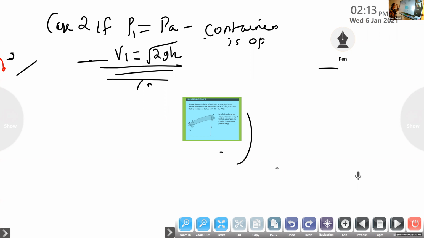Then you write the first equation: V1 is equal to square root of 2gh plus 2 into (P minus PA) by rho. Correct. And if P is equal to PA, then V1 is equal to square root of 2gh. Till there you have to write. The derivation is the one I have taught you.